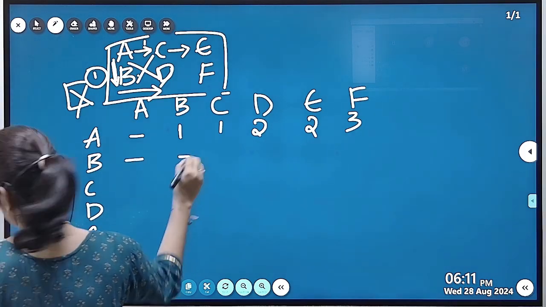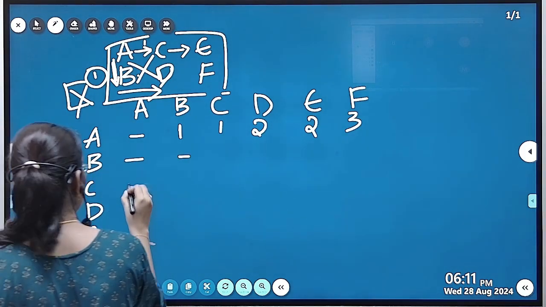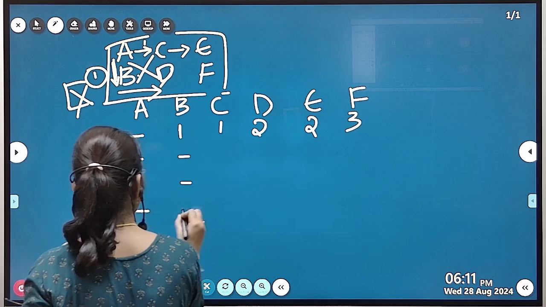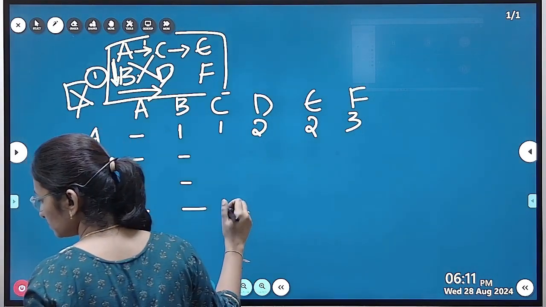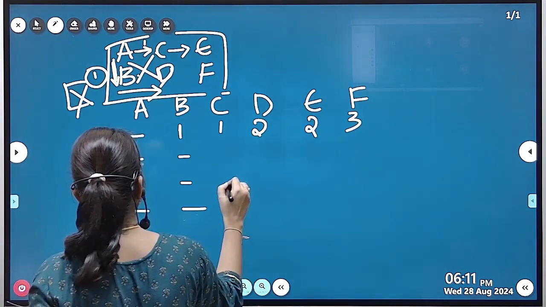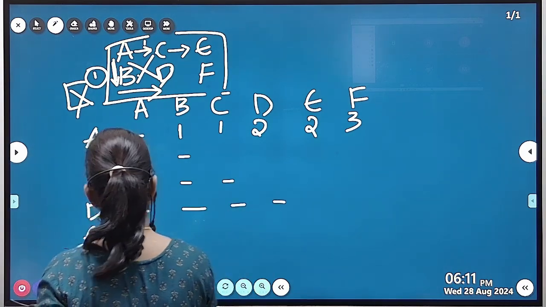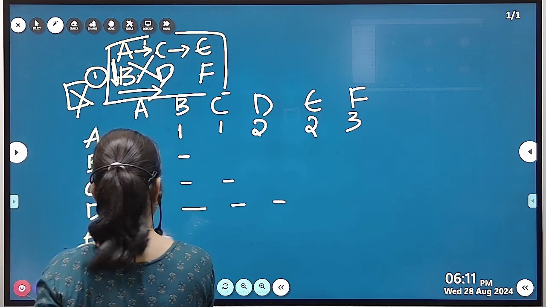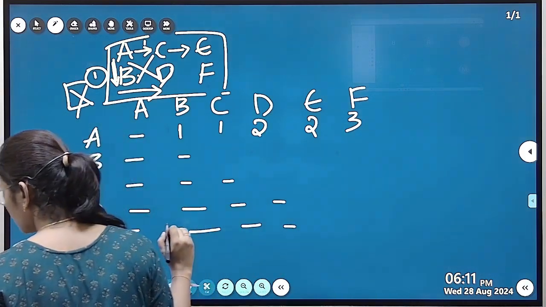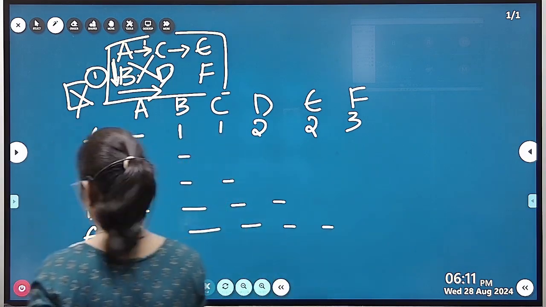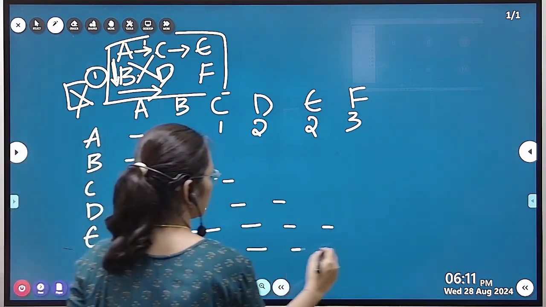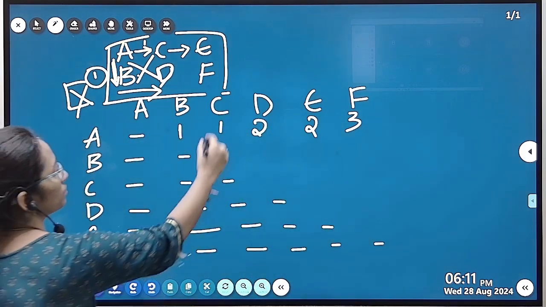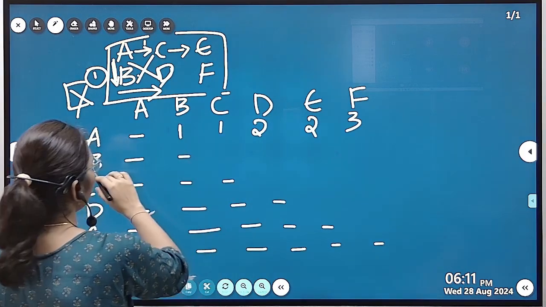Is there any value here? No. I will put dashes first so that there is no confusion. Next E. So tell me the values to find the distance.